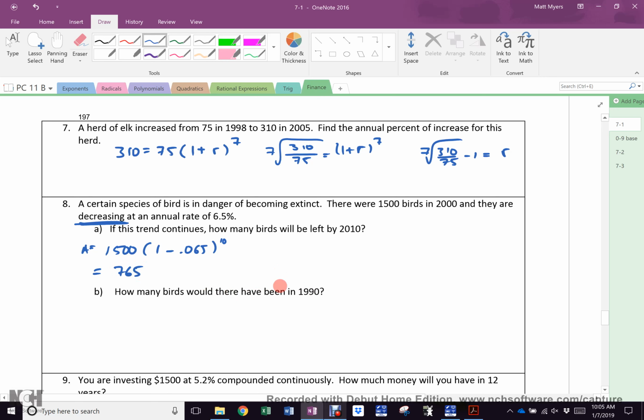So, what is happening here, though? It's increasing, yes? So how do I do that? You're going to turn the rate into a positive? Okay. So we're going to start with 1,500 again in 2000. 1 plus 0.065?